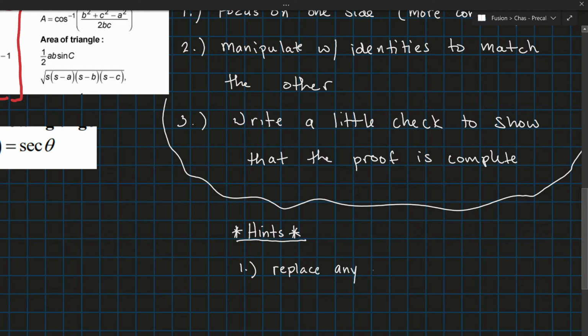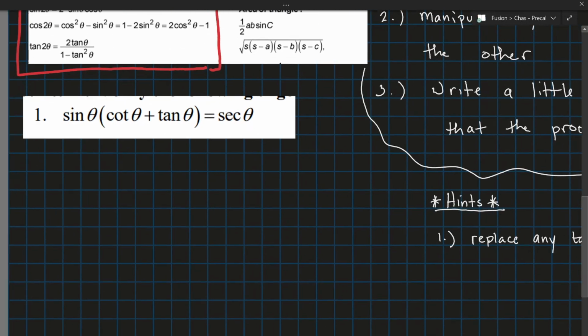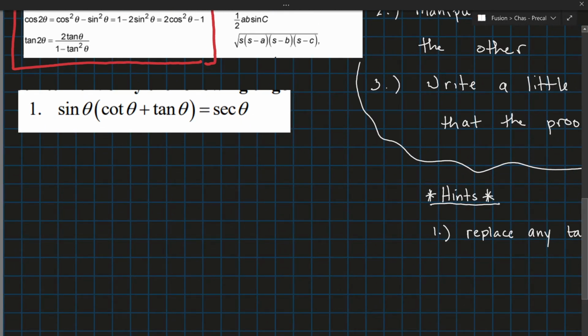So yeah, we'll replace the cotangent with cosine over sine, and then tangent we'll replace with sine over cosine.